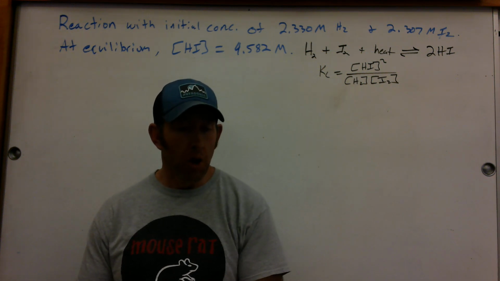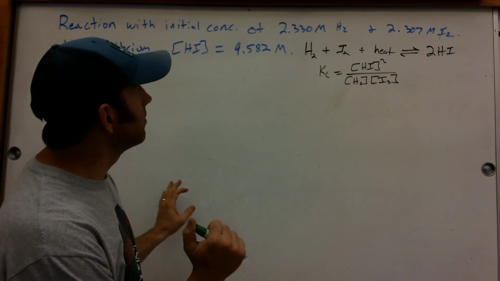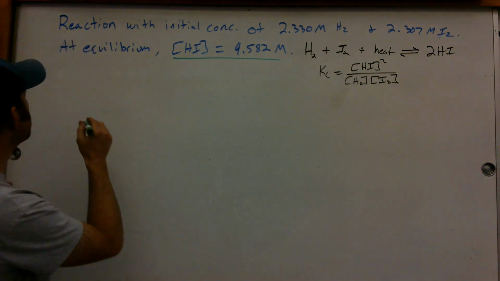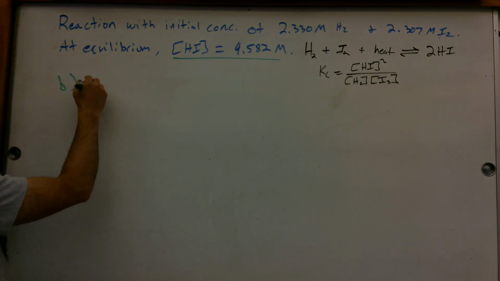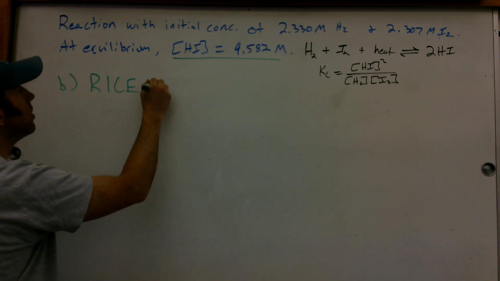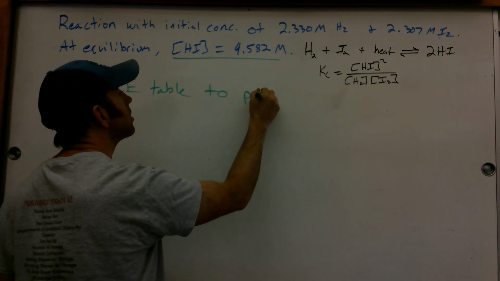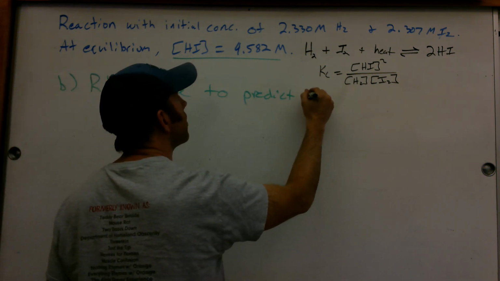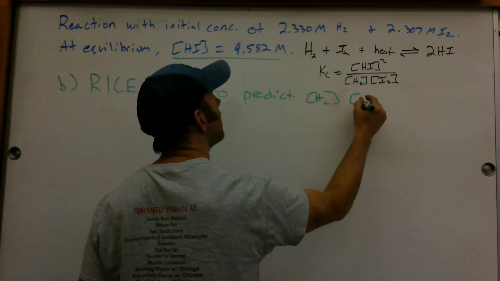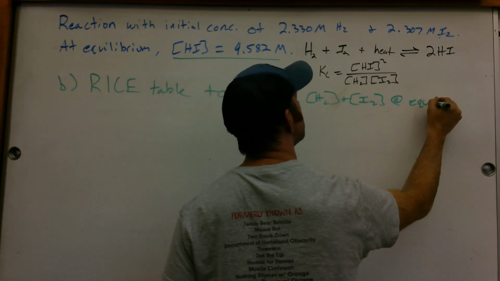But in the next part, we're given the molarity of hydrogen iodide, and for letter B, we're asked to use a RICE table to predict the molarity of hydrogen gas and iodine at equilibrium.